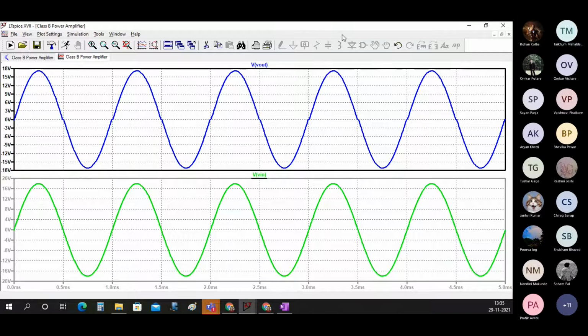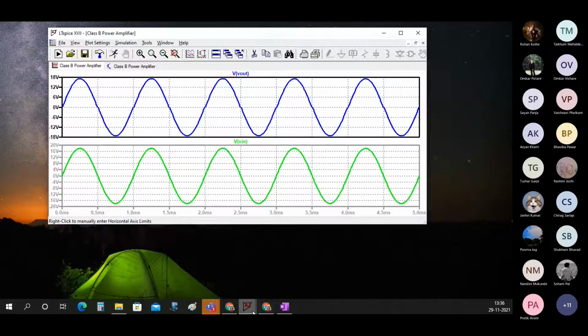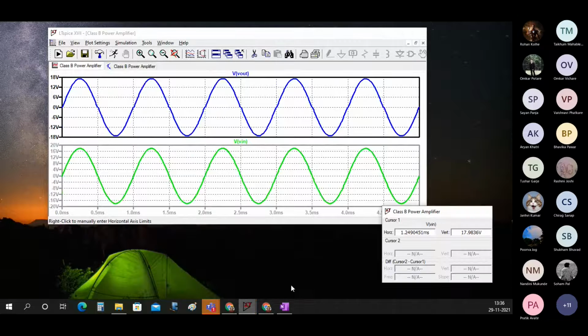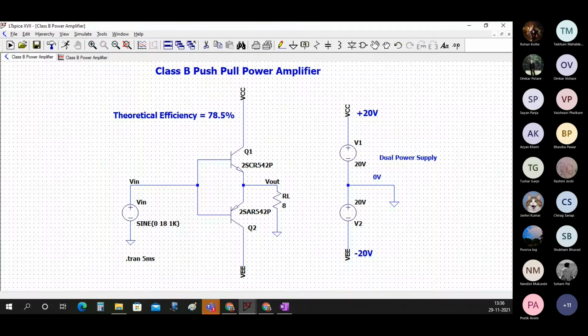Now one thing we have to do here is find out P in DC, then calculate P out AC, and then calculate efficiency.